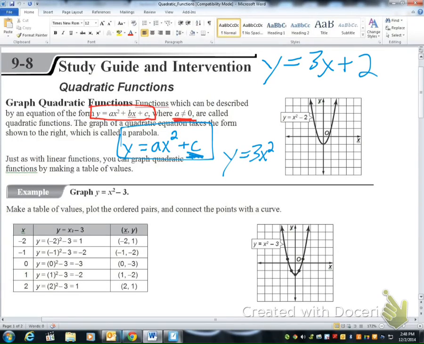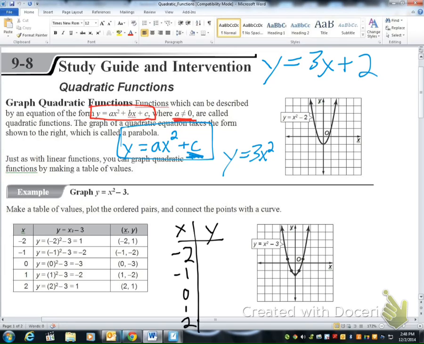Now, guys, look, when I make a t-table, I don't make this middle column that they do. All I do is put my x values, so -2, -1, 0, 1, 2. And then I plug it in either in my head or on scratch paper.